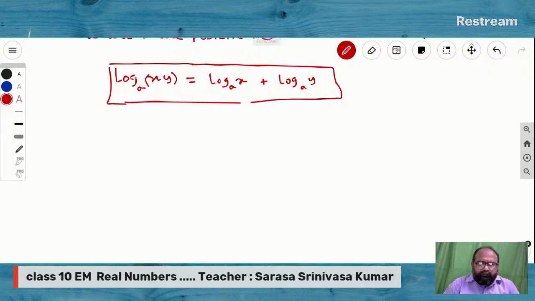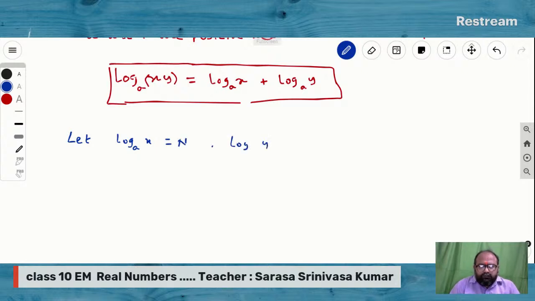Now, how to prove this result? Let log x base a equal to n, log y base a equal to m.